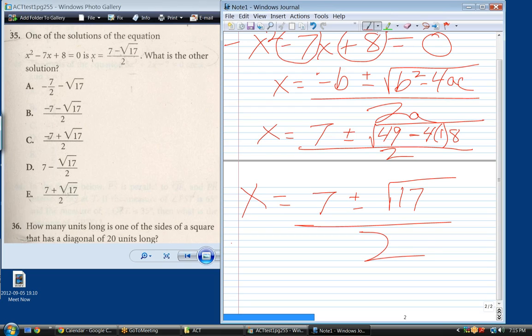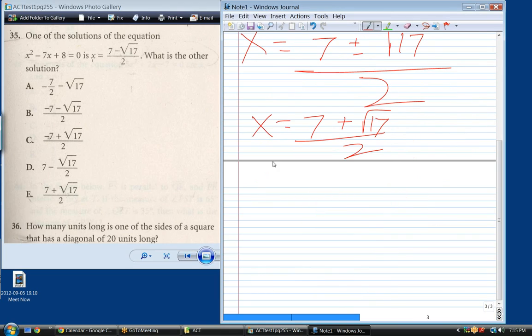So those would be our two solutions. A lot of people are used to looking at this. It means x is equal to 7 plus root 17 over 2, or x is equal to 7 minus root 17 over 2.